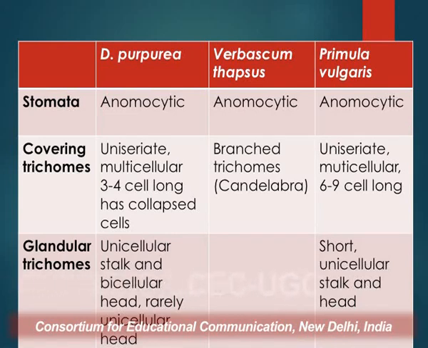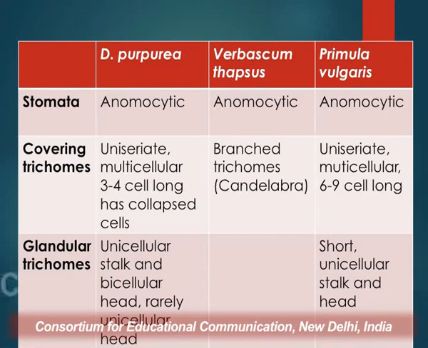They also have certain collapsed cells, and that is why they are also known as collapsed trichomes. In case of Verbascum thapsus, these covering trichomes are branched and they are known as candelabra trichomes. So this is how you can see the difference between purpurea and its adulterant Verbascum thapsus. And in case of Primula vulgaris, again the covering trichomes are uniseriate and multicellular, but the length of the trichomes in Primula vulgaris is 6 to 9 cells.